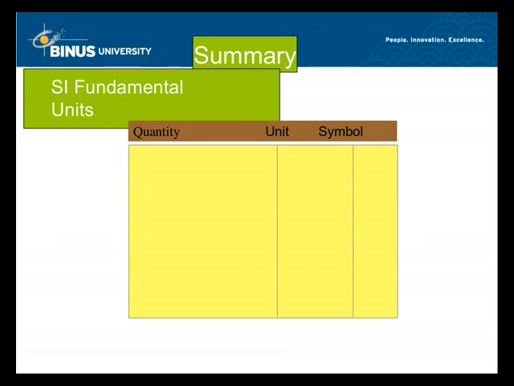Next, we'll discuss the fundamental units in System International, or SI: length, mass, time, electric current, which will be our main topic in this course, temperature, luminous intensity or brightness, and amount of substance.